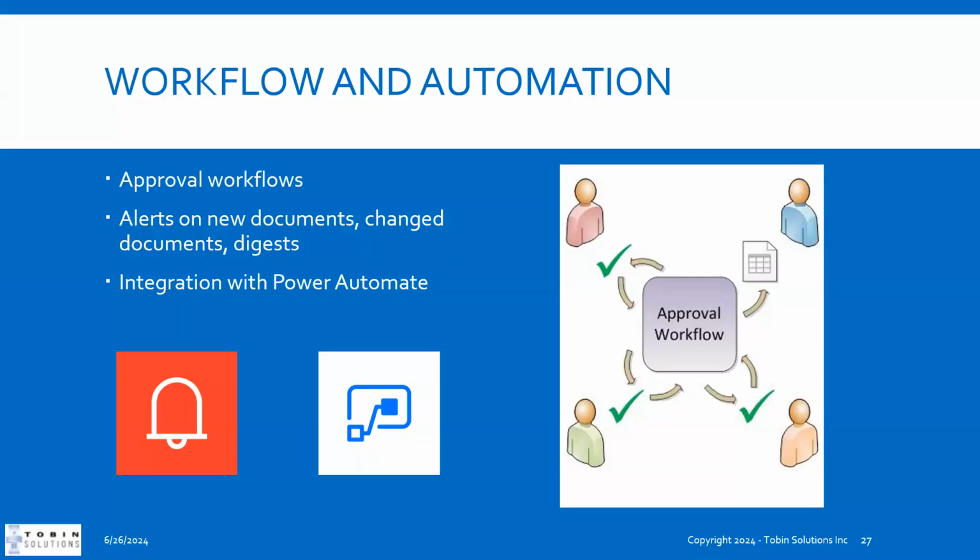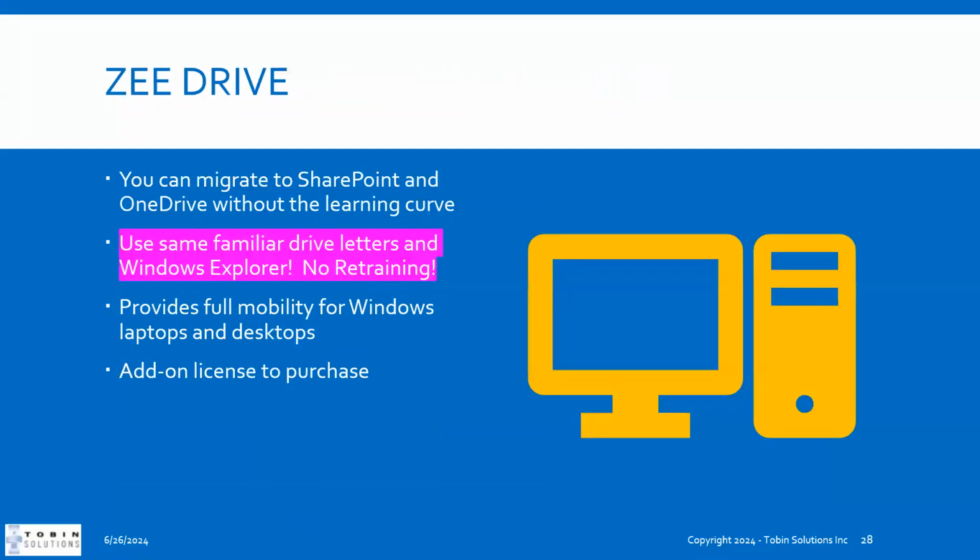So one of the solutions we have for that is a product called Z Drive that some of our clients use. I don't know why Microsoft doesn't just do this on their own, it would be a lot easier, but nope, we have a second product and they do a really good job of it. After we move things to SharePoint, let's say you had your P drive and everything was always, go to your P drive, and all your documents point to your P drive.